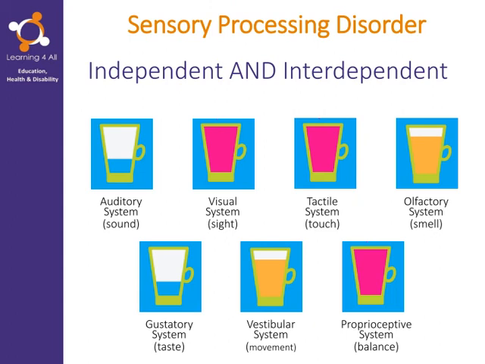These sensory cups, they work independently and also interdependently. So unfortunately, what that means for us is that it's really hard to know. If they're empty in one thing, they might be full in another, or they might be regulated for all of their senses except maybe one isn't working that great.